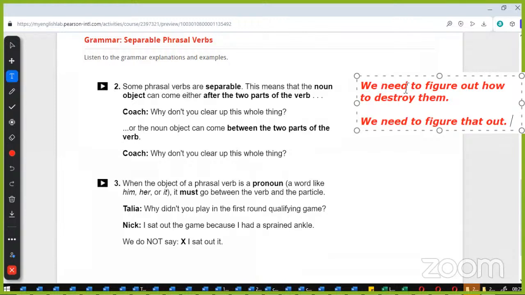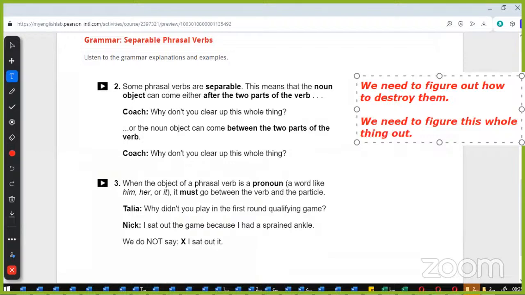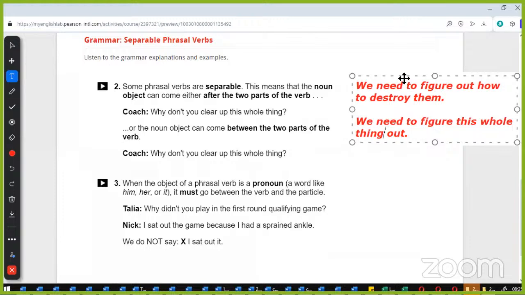We need to figure out how to destroy them. So this is a separable verb that is together. And also we need to figure that out. That's where you put the noun object between the two parts of the verb. Or we need to figure this whole thing out. Okay, so that means we need to understand, we need to decipher this whole thing out. So it's the same.